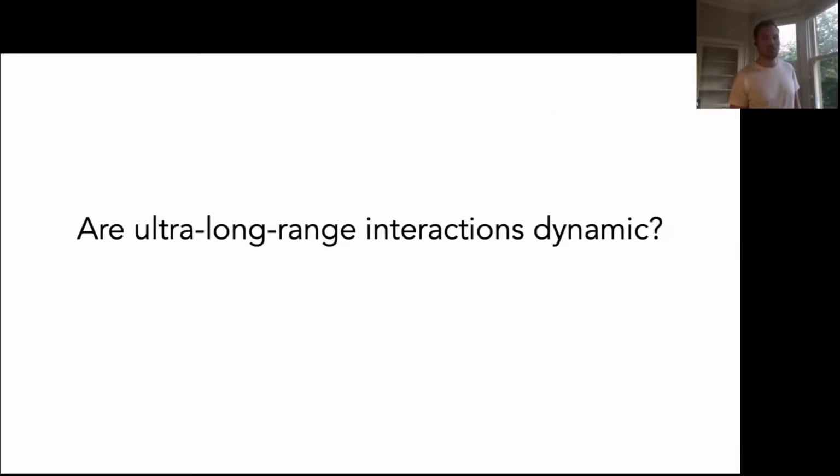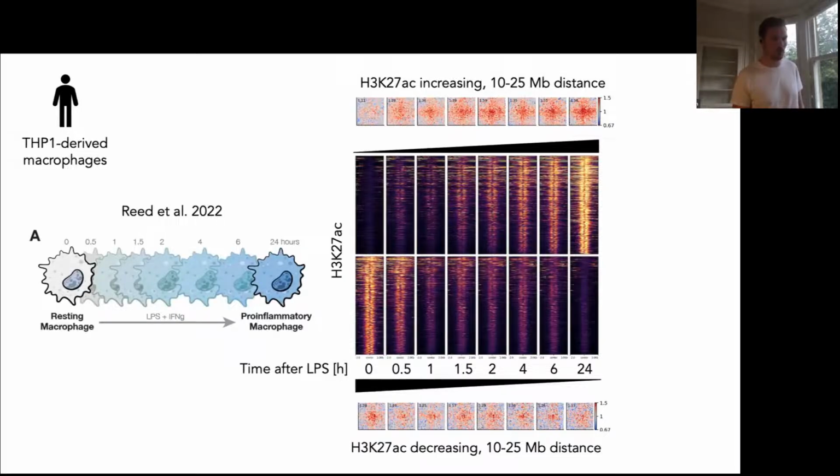So can these things be dynamic? And also, do we just see them in mouse embryonic stem cells? Is this some weird phenomenon that's specific to these? This is not specific to mouse embryonic stem cells because, for example, here we use data recently published in a preprint, where they take macrophages and stimulate them, and they do a time series of K27 acetylation and Hi-C.